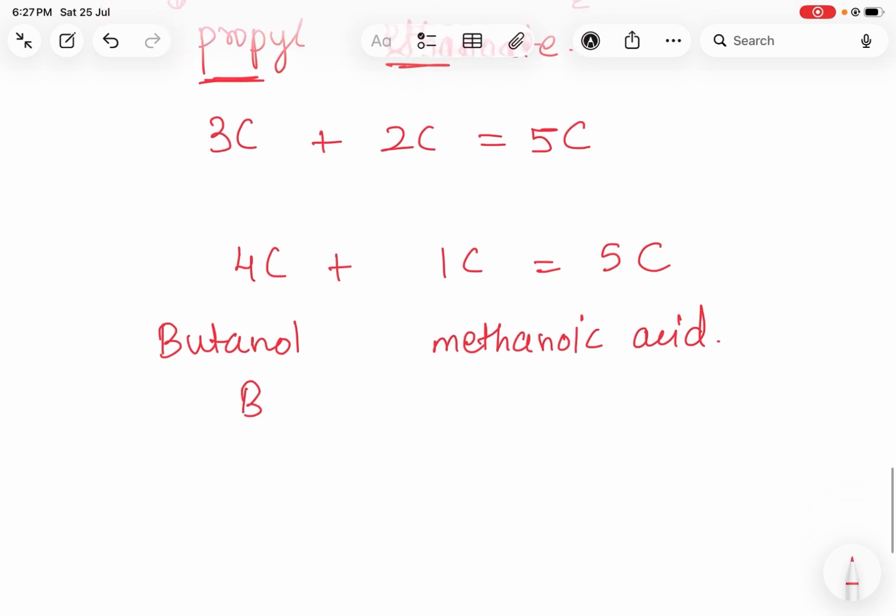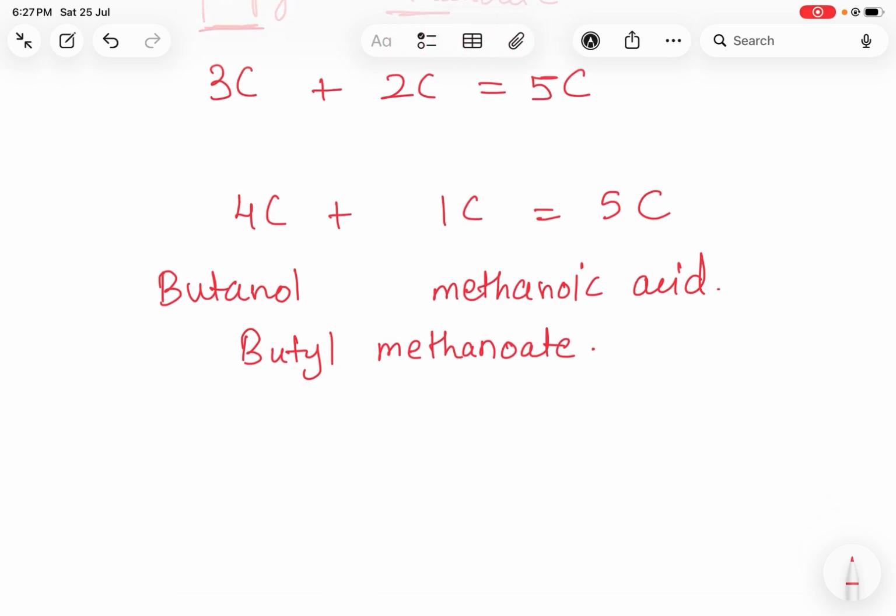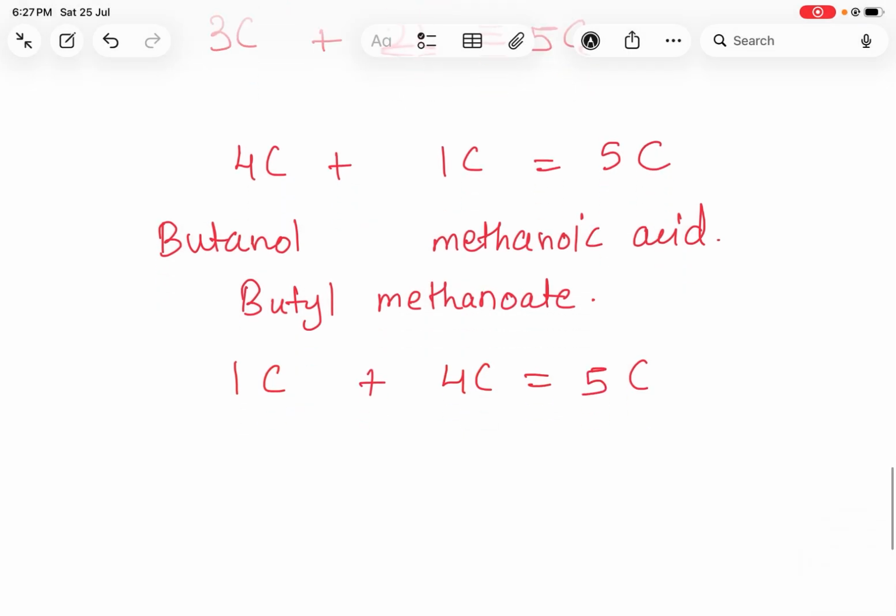So butanol becomes butyl and methanoic acid will become methanoate. Or the other way around, I can just swap both of them. Here it will be 1 carbon and this will be 4 carbon, that also becomes 5 carbon atoms. So instead of butanol it will be methanol, and instead of methanoic acid it will be butanoic acid.